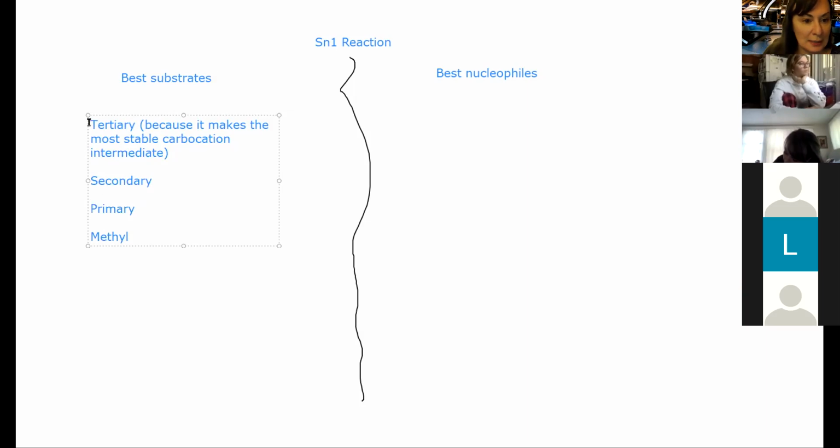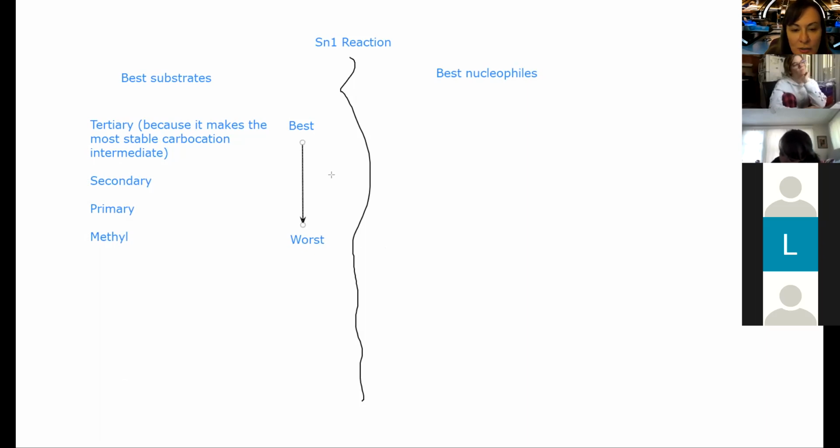So tertiary up here would be the best, and methyl down here would be the worst. Does that make sense? And I think you can draw an arrow. So we're going from best to worst.